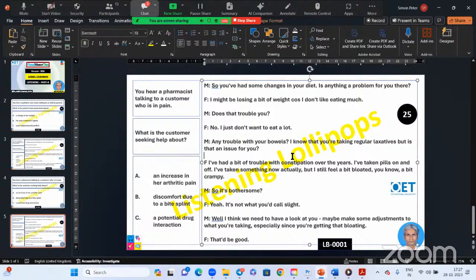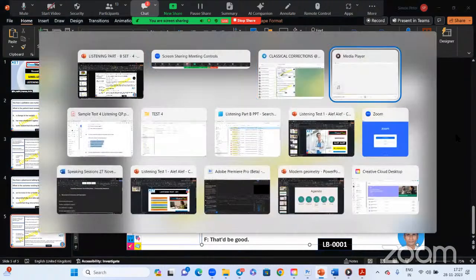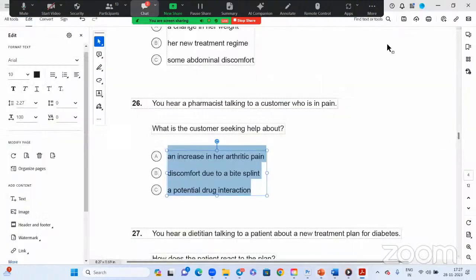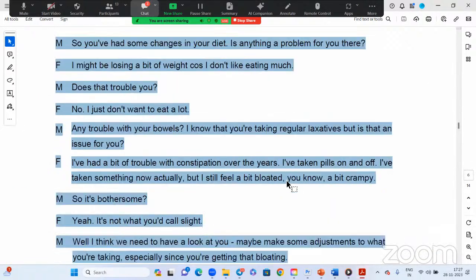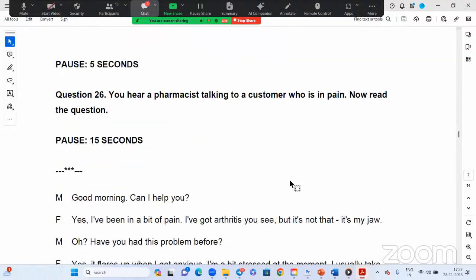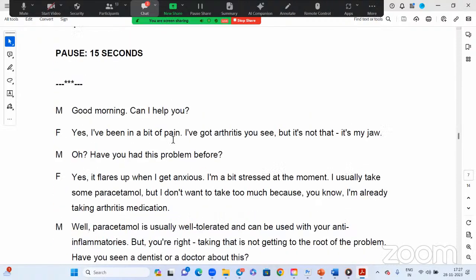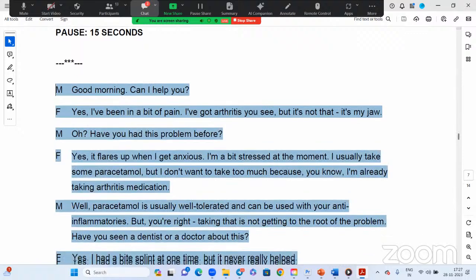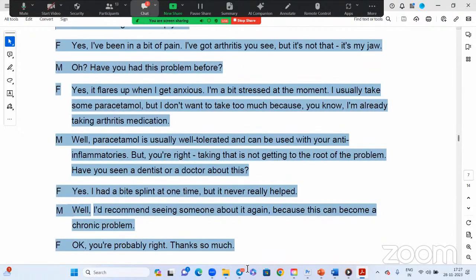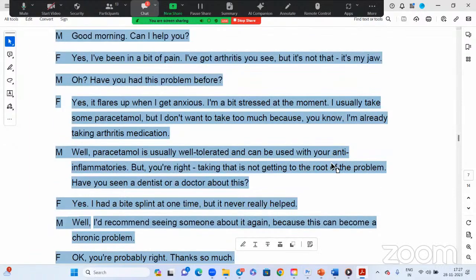Now let us make it into a reading test. Question number 26. Always one male and one female will be there. Remember that.